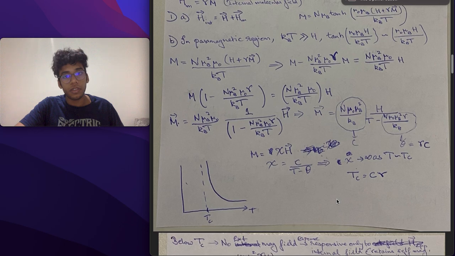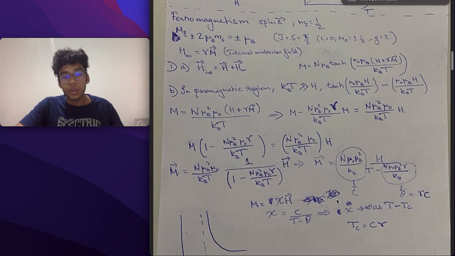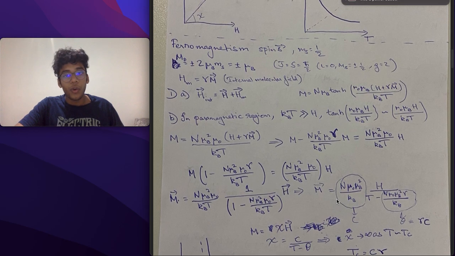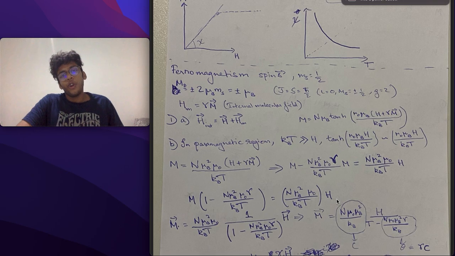This is one of the most beautiful ideas in magnetism, because you ideally expect that the magnetic property should not depend on the temperature, or even if it does, it has to be somewhat random, but you see that it's beautifully given by the Boltzmann distribution, the Boltzmann temperature.